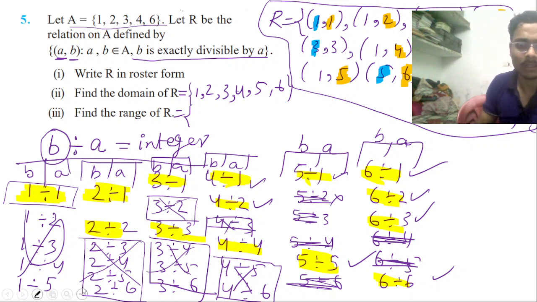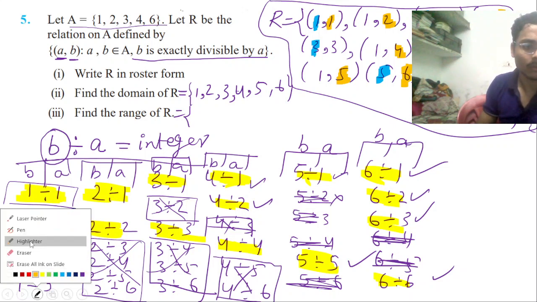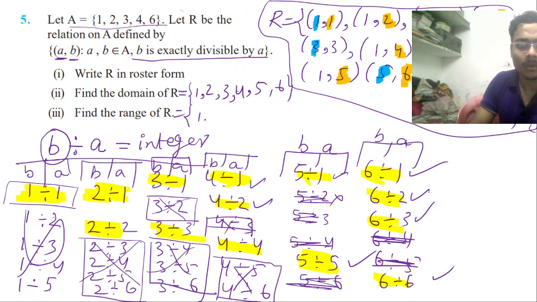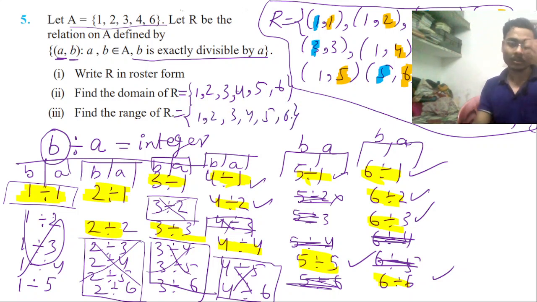Again you got all the 6 elements in this, so we will write 1 2 3 4 5 6. So we solved this question like this. First part is here. First part we have solved here, and the second and third are simply the domain and range of this relation.